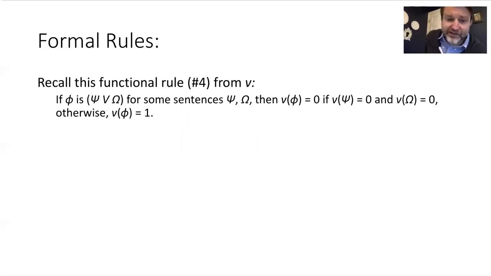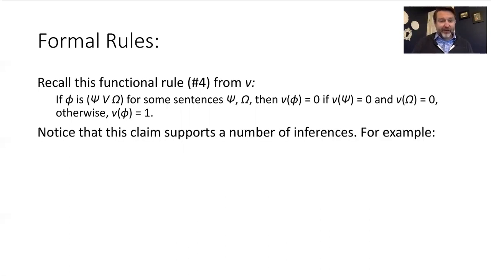So this tells us that if we have this sentence, psi or omega, that thing is going to be true so long as at least one of psi and omega is true. And so we can use this functional rule to infer certain true conclusions from a premise. So it supports a number of inferences, in other words.